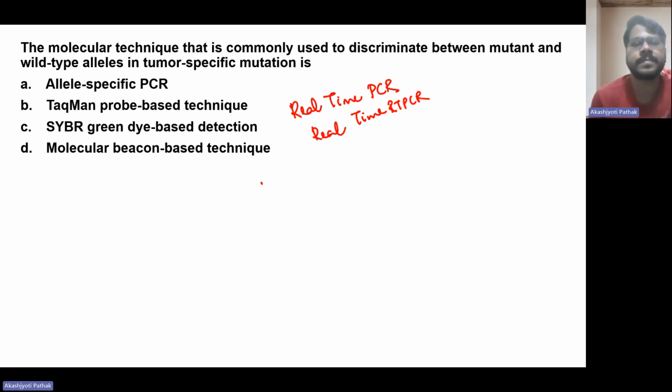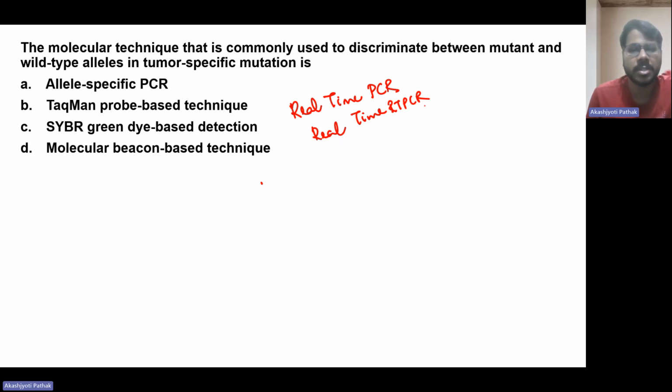So what are these tumor specific mutations? In tumors, a particular gene may get overexpressed, or it may get deleted. There are different types of genes, for example tumor suppressor genes and oncogenes. If there is deletion of a tumor suppressor gene, that can be a cause of tumor.